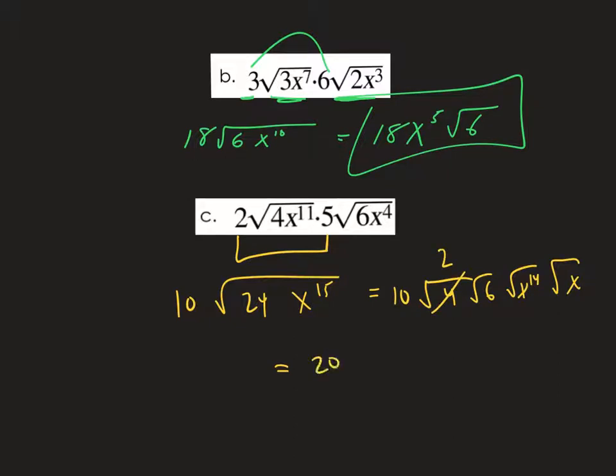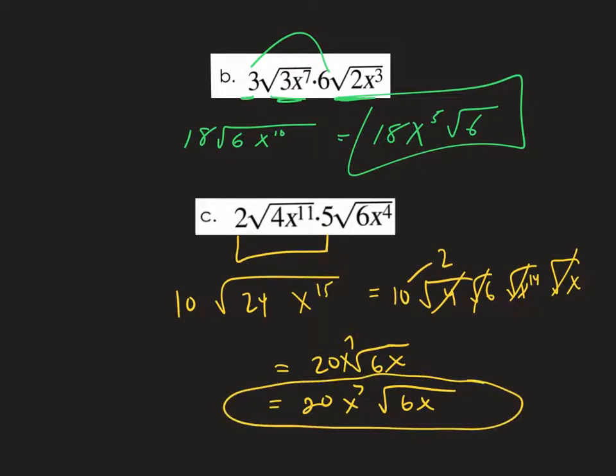So that's going to be 20 because 10 times 2. 6 stays under. The x to the 14th becomes x to the 7th. And the other x stays under. So I've covered just about everybody. I'm just going to rewrite that as 20x to the 7th, rad 6x. I don't want that 7 confused as the index on the radical.